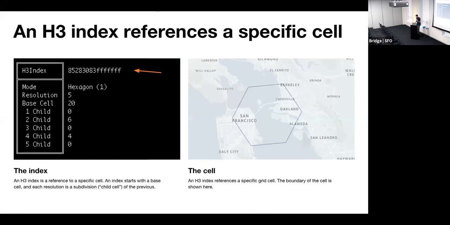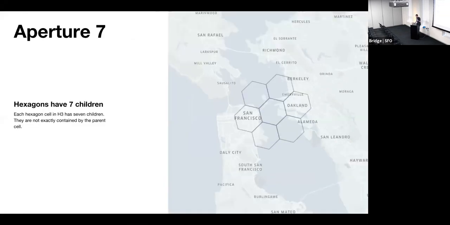So as we're making these subdivisions, a question is, what are the possible digit options? We're subdividing hexagons into seven smaller hexagons, into seven finer hexagons. And that looks like this for the cell that we're using as an example.